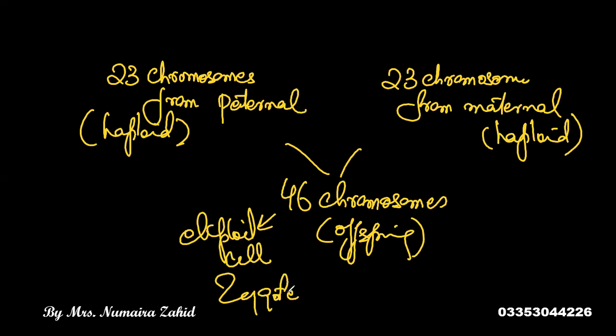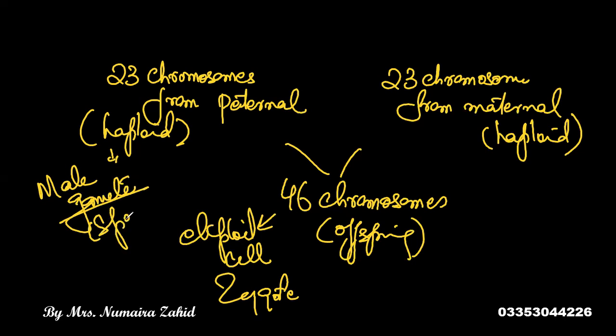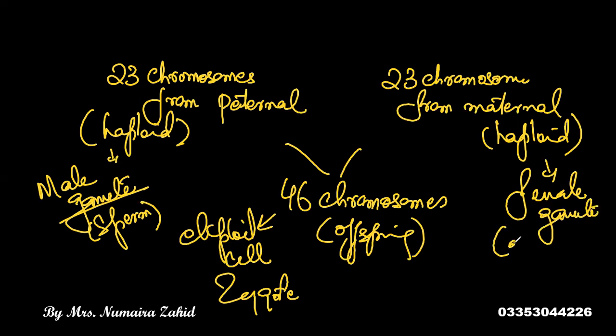Okay. So all humans contain two sets of 23 chromosomes. One haploid set is paternal in origin, from father, and the other is maternal. So this haploid cell is called the male gamete. Okay. And this is called the female gamete. The genes are located on the chromosomes and are inherited through chromosomes during sexual reproduction.